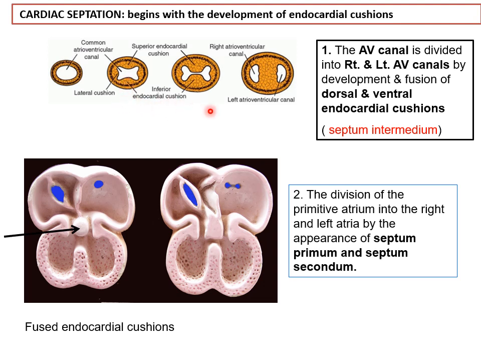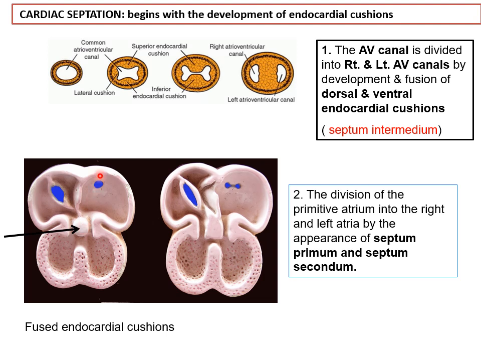They grow towards each other, fuse in the midline, and hence that AV canal is divided into right and left, which you can see here, right and left passages, or here also it's seen clearly. And this is the fused endocardial cushions. Imagine with the other part of the heart also complete, this would have been like a ridge going from anterior to posterior. So this is the first thing that happens.